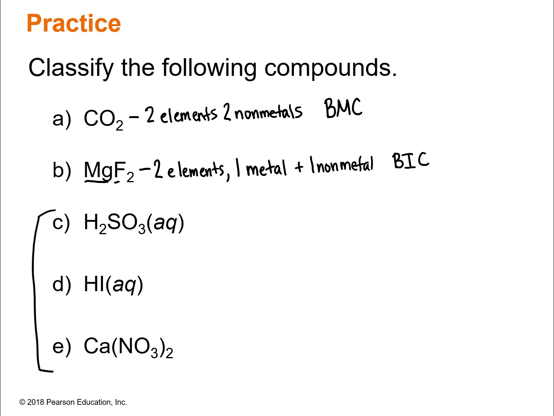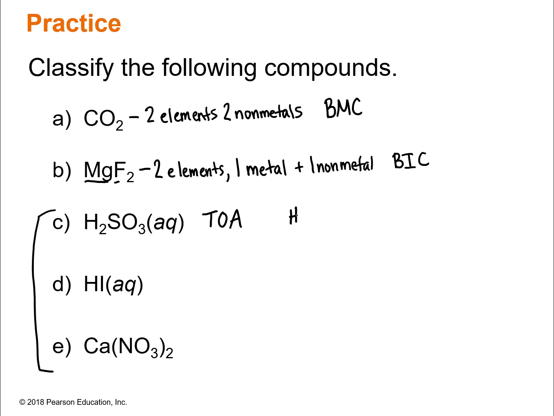So what did we get for C? C is a ternary oxyacid.